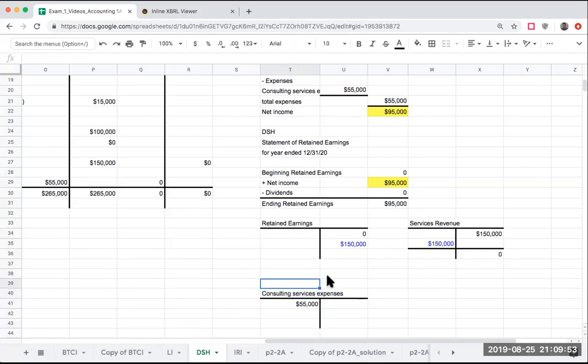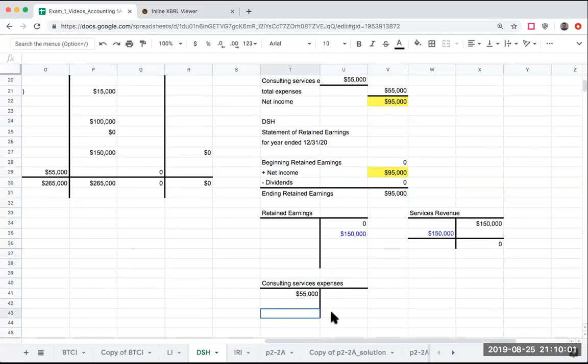Now let's do the same thing with our consulting services expense. Because this is also a temporary account, I also need to make this account 0. So how do I make it 0 on this T account? Credit. I need a credit for $55,000.